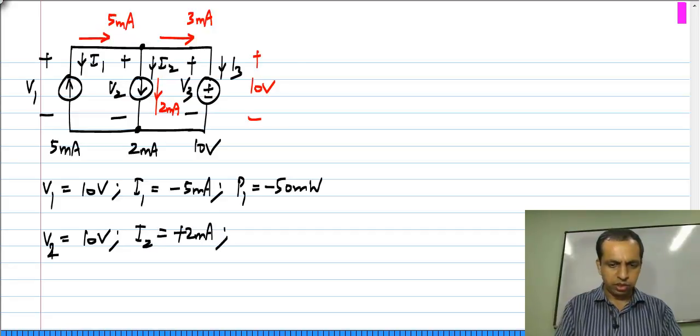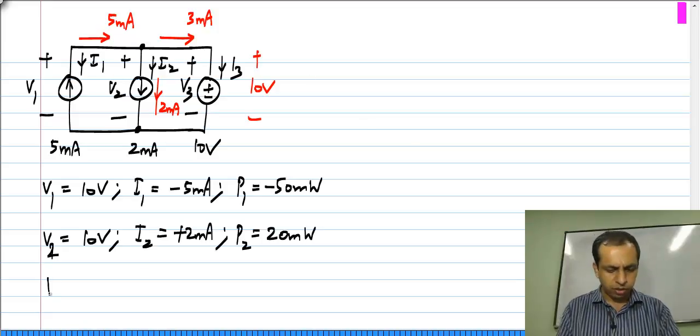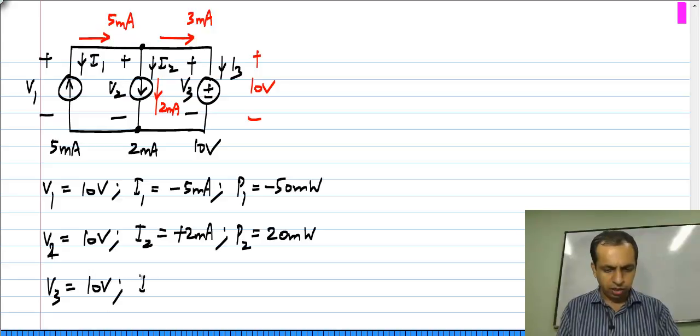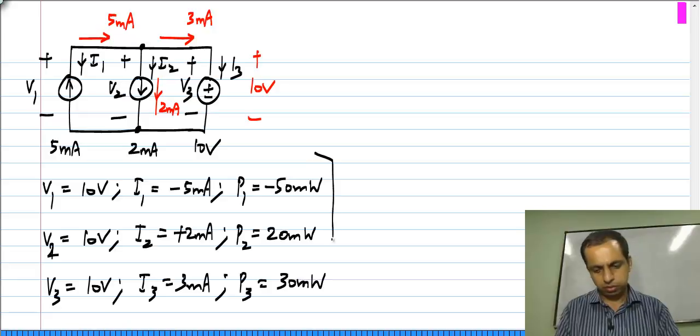Okay. That is clear from this direction, and P2 it is absorbing a power of 20 milliwatts, and finally, the voltage source has a voltage of 10 volts V3 and a current I3 of 3 milliamps. So, it is absorbing 30 milliwatts. Okay.